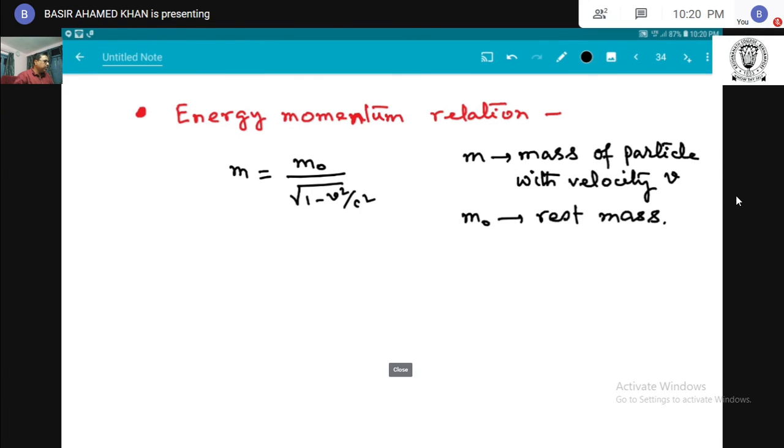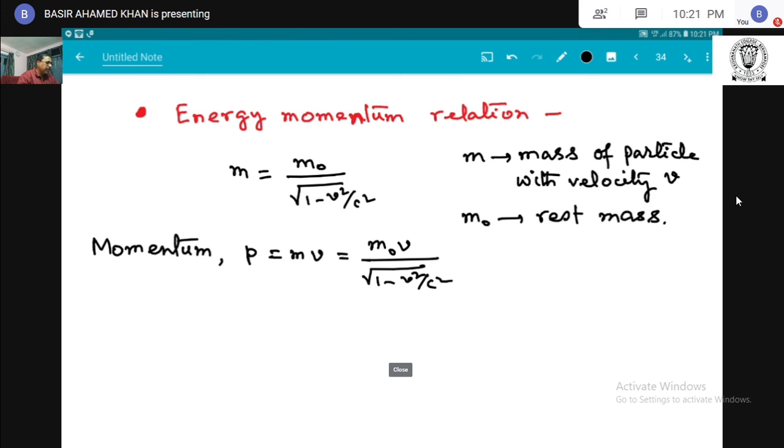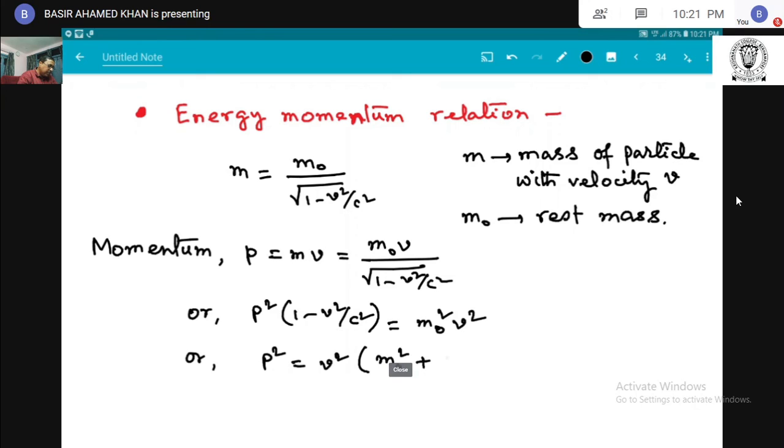Therefore, the momentum of the particle is given by p equal to mv, which equals m0 v divided by root over of 1 minus v square by c square. Or p square into 1 minus v square by c square equals m0 square v square. Or p square equals v square into m0 square plus p square by c square.